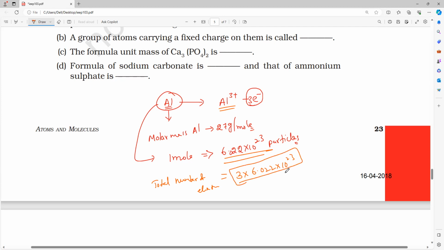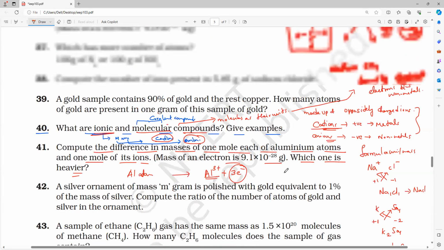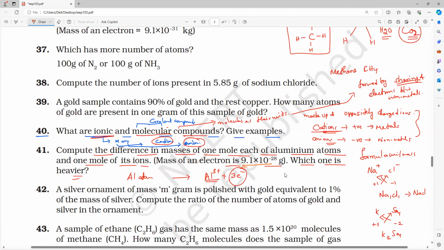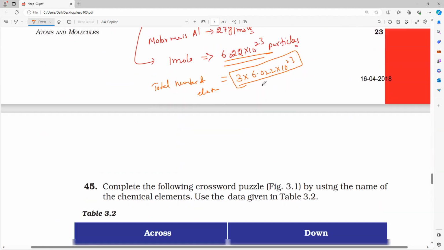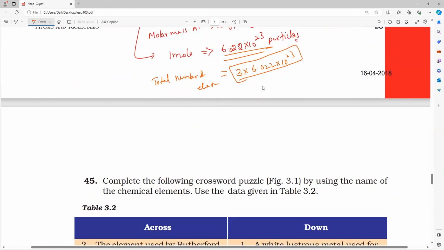Then we want mass. What is the mass of one electron? Here you can see 9.1 into 10 power minus 28. So, if one chocolate is 1 rupee, and we have this many chocolates, then what is the total cost?